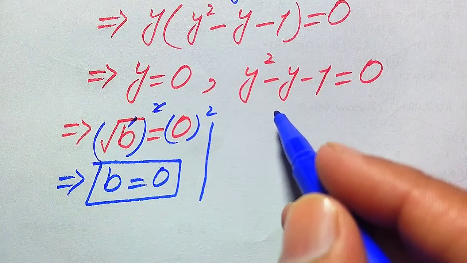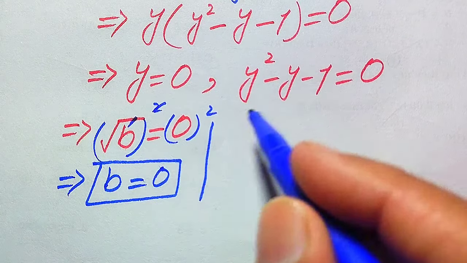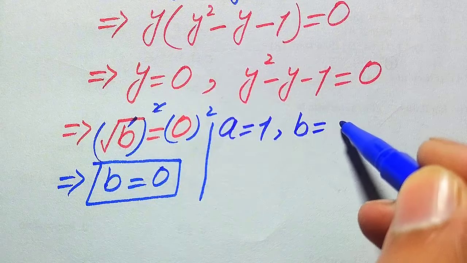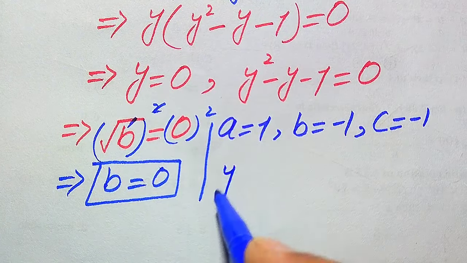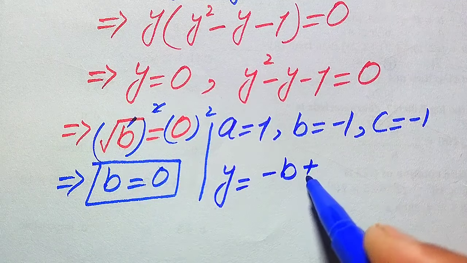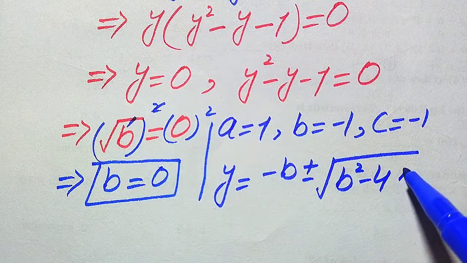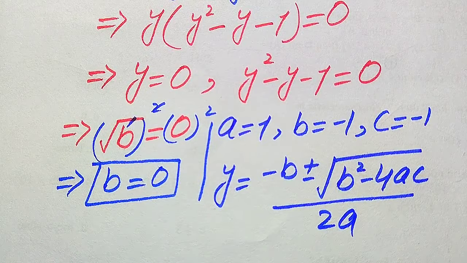Here we first apply the quadratic formula. For this we write the coefficients of this equation: a equals 1, b equals minus 1, and c equals minus 1, and we state the quadratic formula as minus b plus minus square root of b squared minus 4ac, divided by 2a.